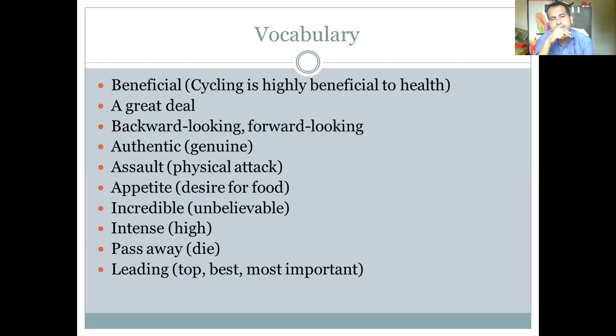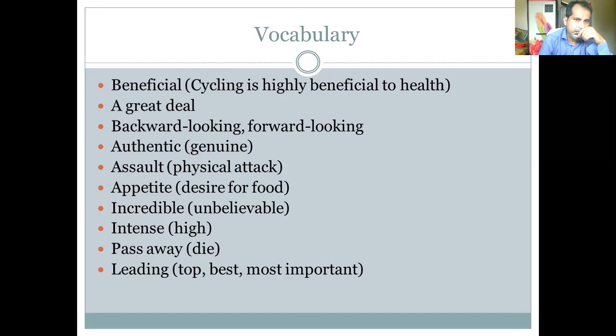In the word incredible, in is a prefix, and that prefix comes before credible. Credible means believable. So when in comes before credible, it totally changes the meaning of credible. So this is the function of prefix, that prefix may add something new to the word, and sometimes it changes the word totally.